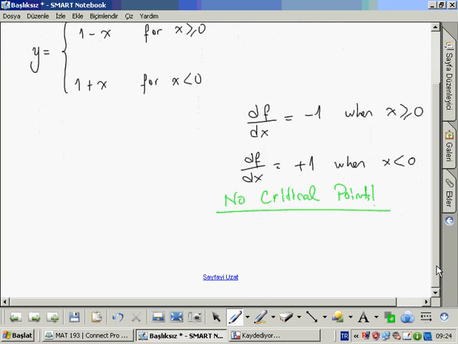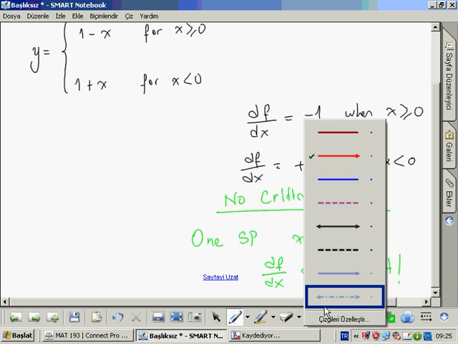Yes, we have one singular point, which is x equals 0, and of course when x equals 0, y equals 1, because del f over del x does not exist there. Okay, and let me sketch this function on the coordinate system.